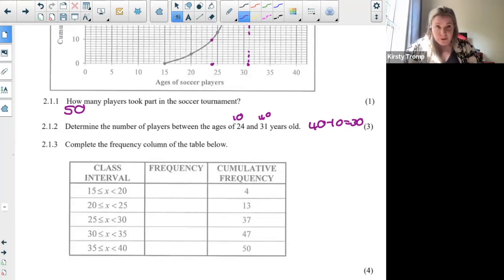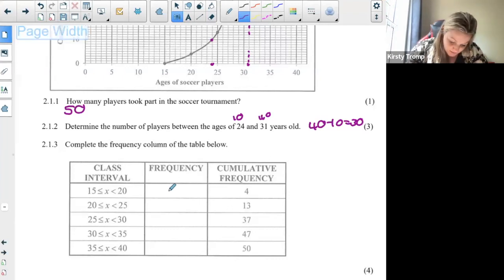Okay, 2.1.3, complete the frequency column of the table below. So normally you have to complete the cumulative frequency. In this case, they're making you work backwards and you're having to complete the frequency now. So they're doing a little bit of a mind warp with you. For my first one, if my cumulative frequency was 4, it means my frequency must have been 4.